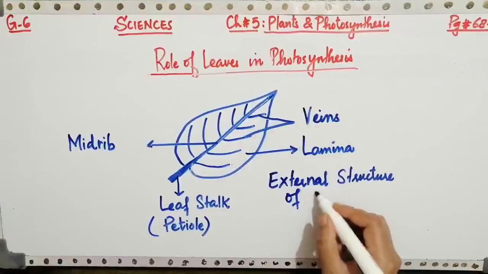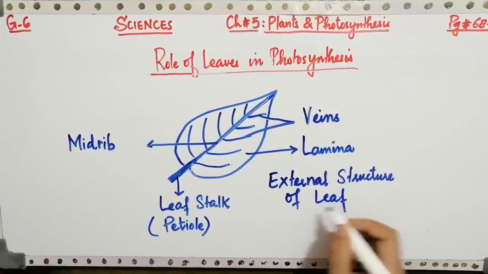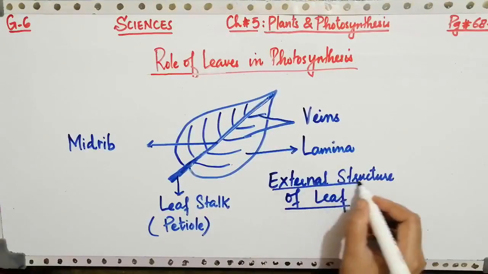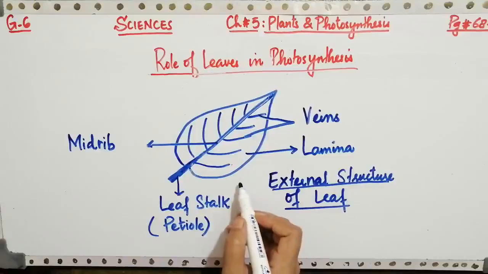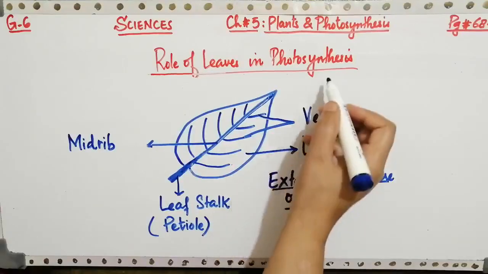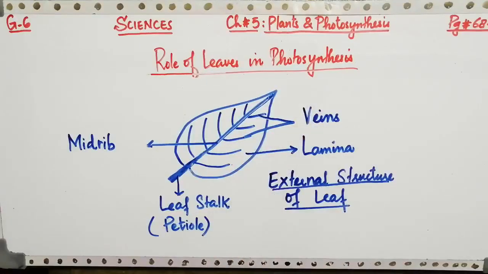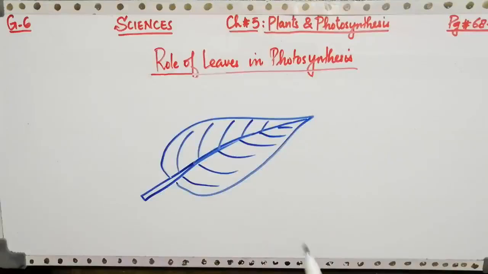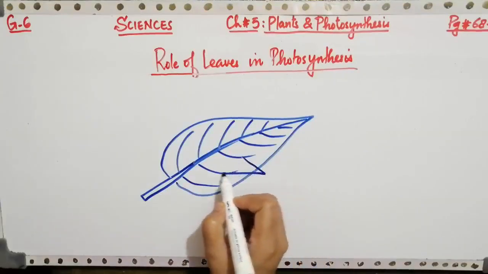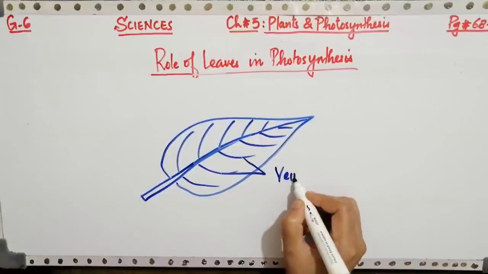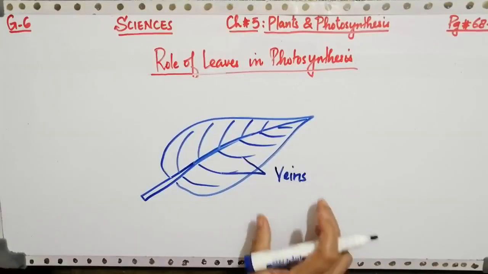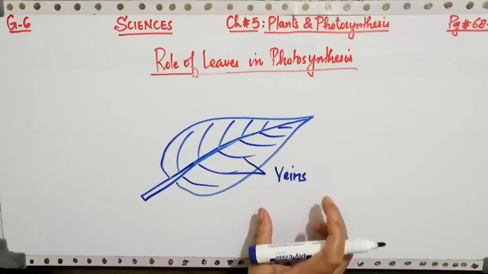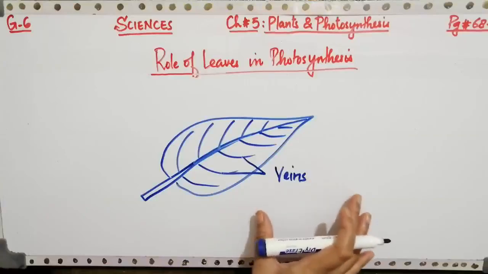So the external structure of leaf is well suited for the function which a leaf performs, that is photosynthesis. In the structure of leaf you can also find some branches, and these branches are called veins. So there is a network of veins which spreads through the leaves.